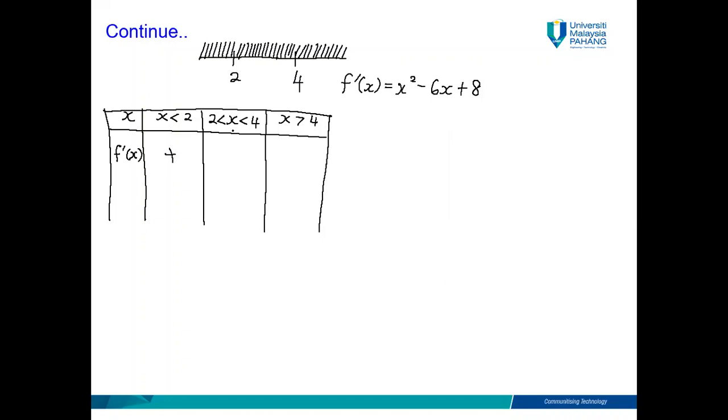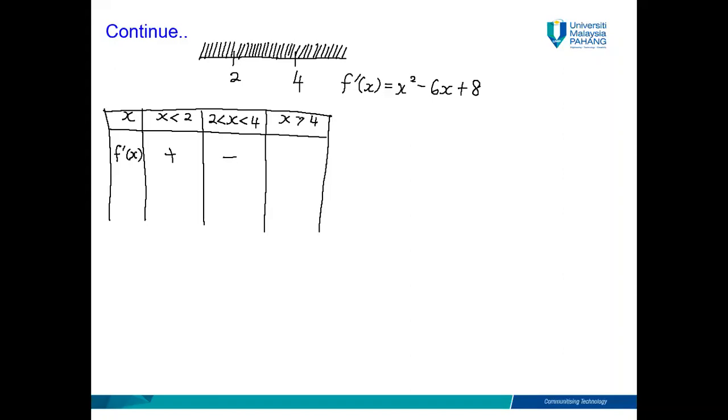In between 2 and 4, take 3, better to take an integer. Is it positive or negative? 3 squared 9 minus 6 times 3, 18, 9 minus 18 plus 8, so you get a negative value here.